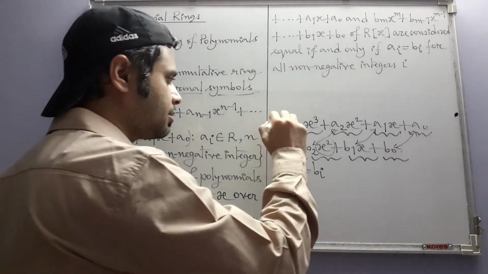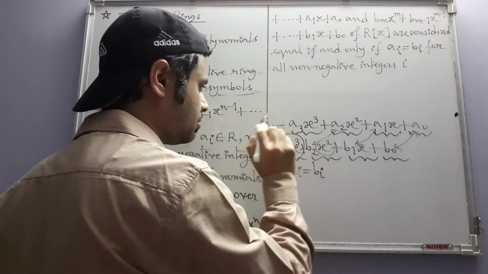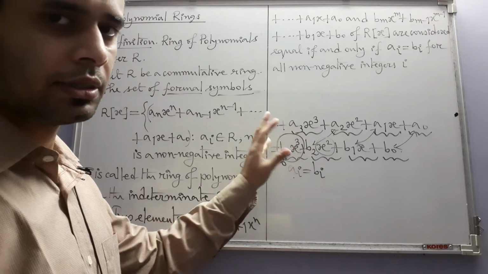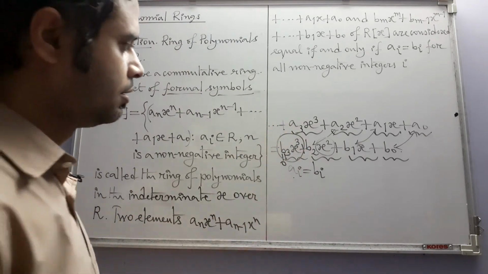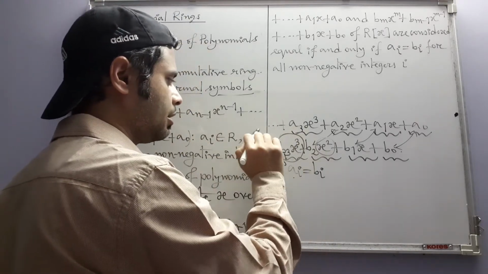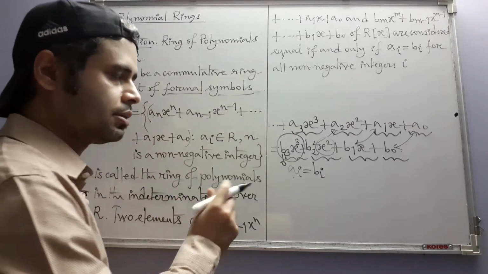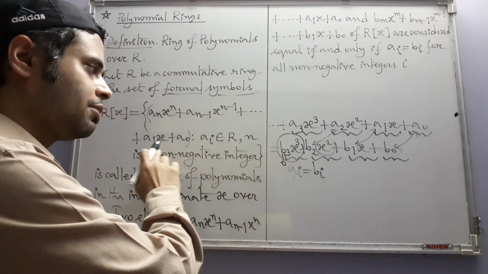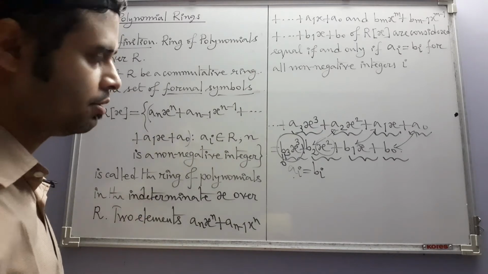If you want, you can think of other invisible terms here also, but they won't serve any purpose here, because you can consider a_4, a_5, a_6, etc., which are all 0. Here also you can consider b_4, b_5, b_6, etc., which are also 0.